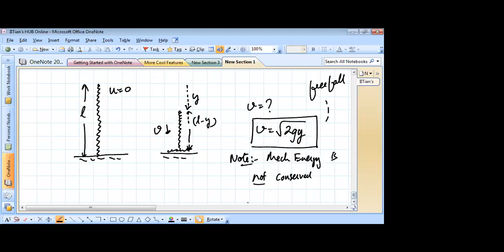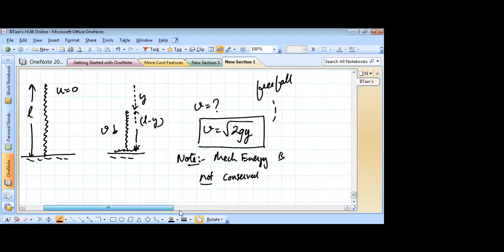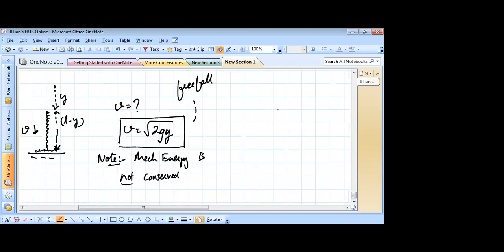So two things you'll understand: if you look at the free body diagram of any single link of the chain while it is falling down, it has only one force acting on it. There's only mg acting on it. So its acceleration will be equal to g. And the falling links are not in contact with each other.